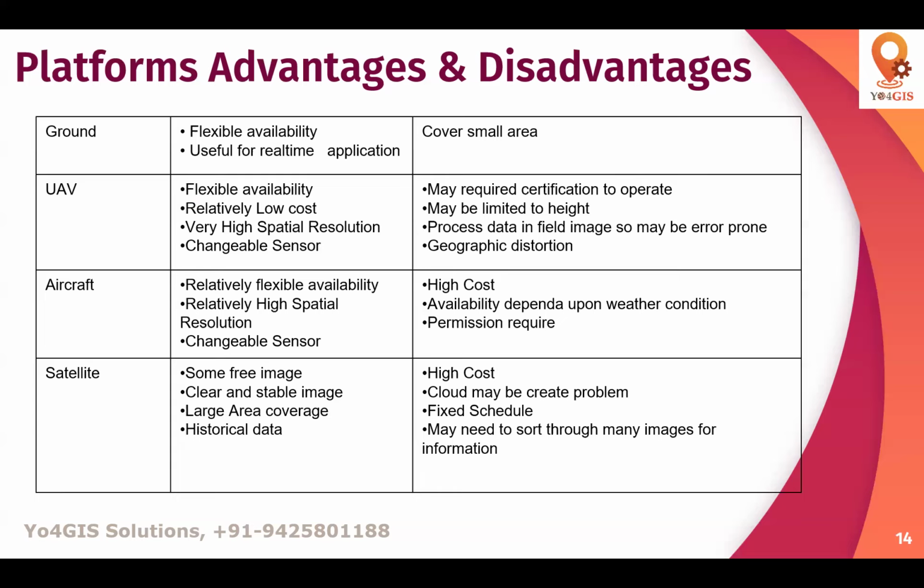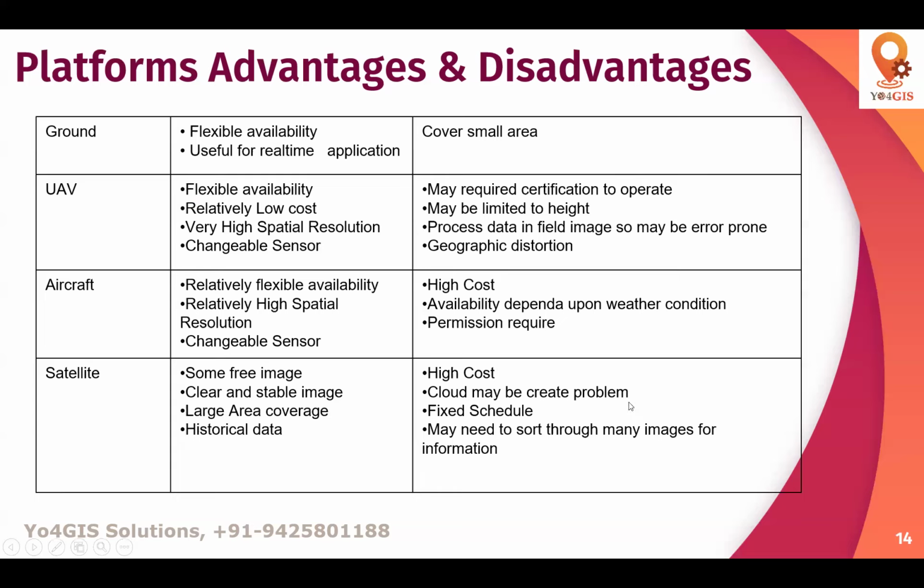The satellite remote sensing will cover a large area. Okay, and because we are doing satellite based remote sensing, all the data we can store in the ground station. The satellite remote sensing cost is very high.